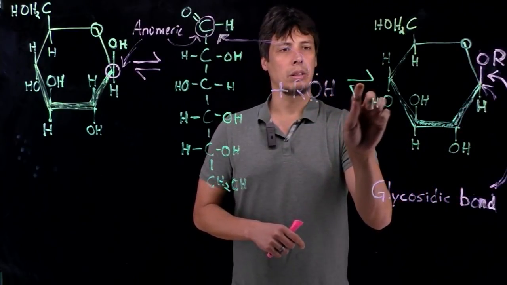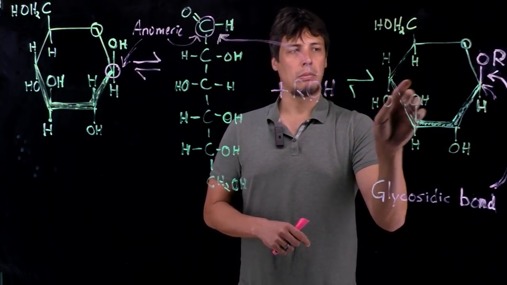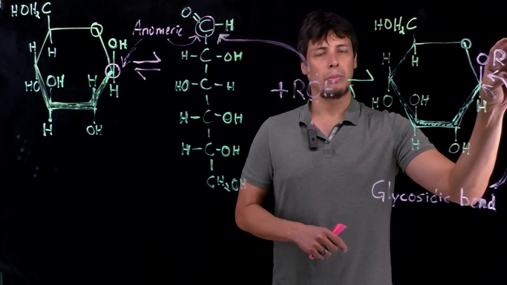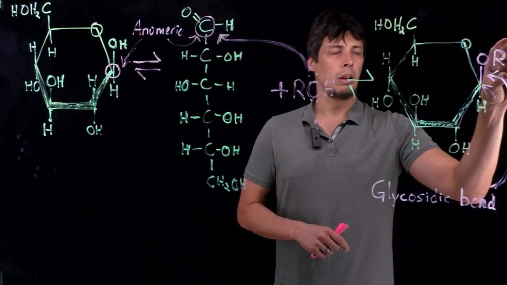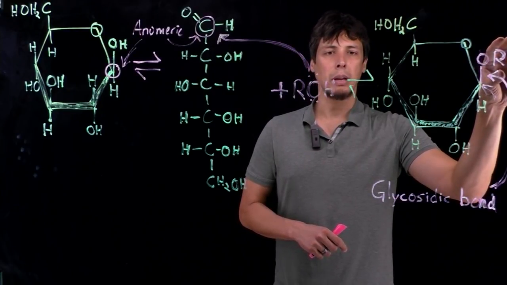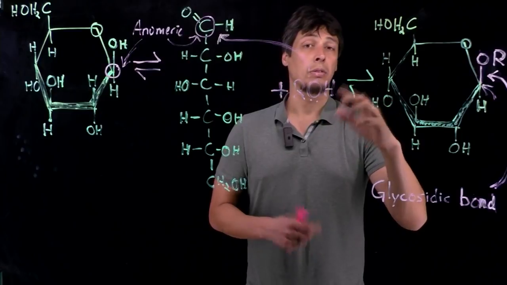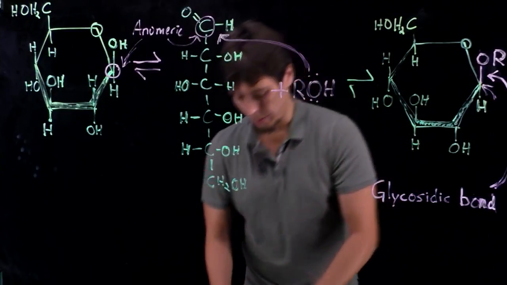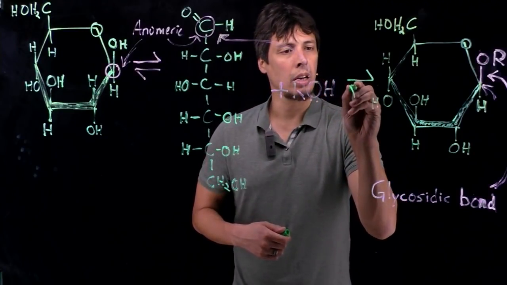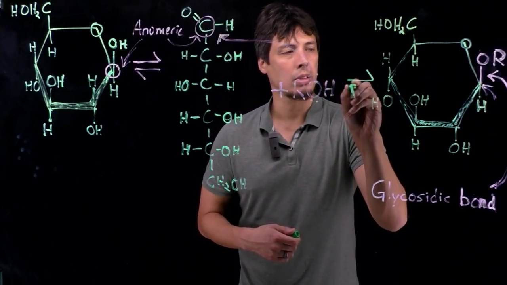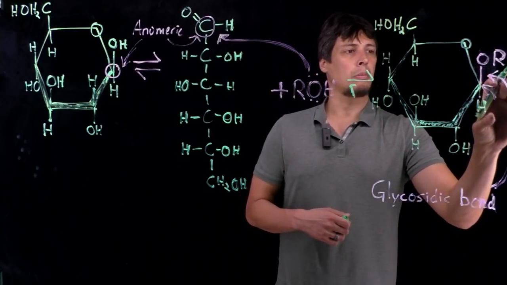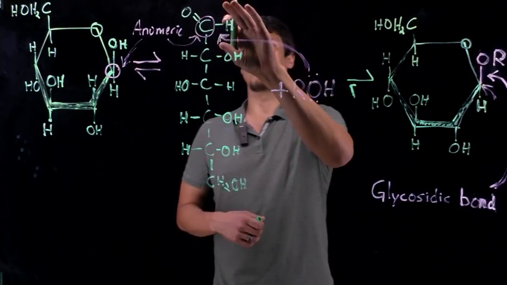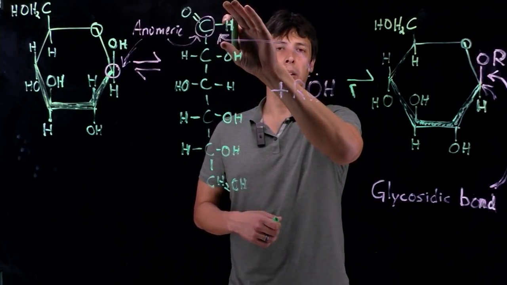And so being able to convert back to the linear form from this, after this glycosidic bond has been made, is very difficult. It's very slow, and it rarely occurs. Because this equilibrium does not lie towards the linear, this pretty much stays in the pyranose form, and we don't form this aldehyde.